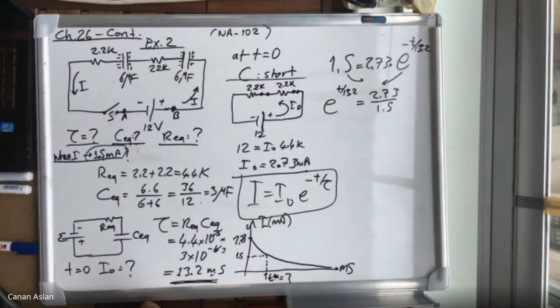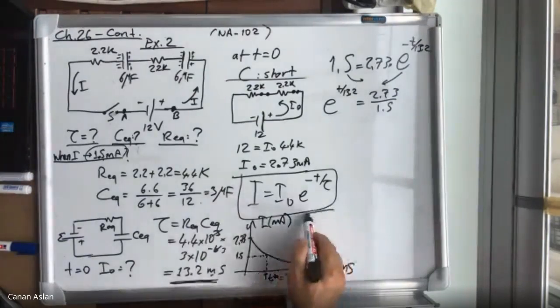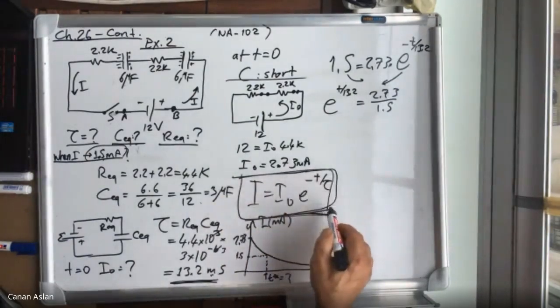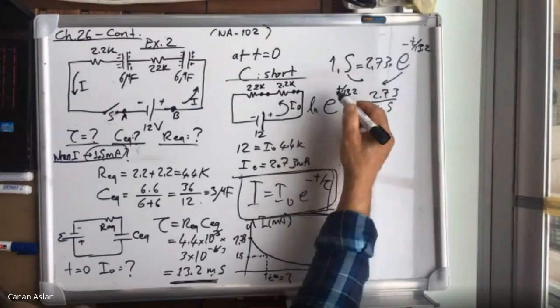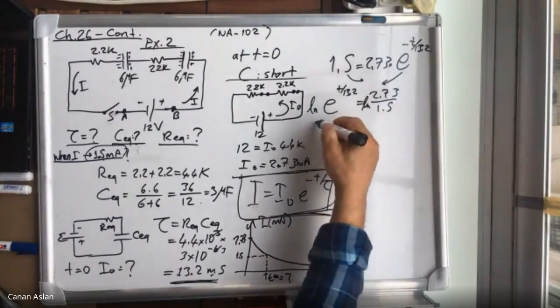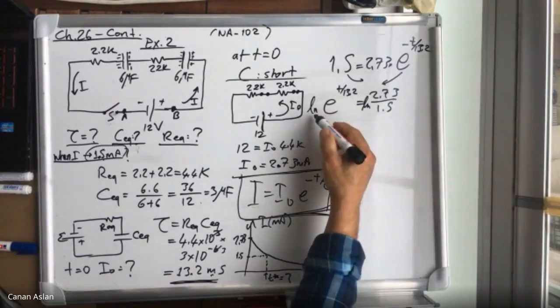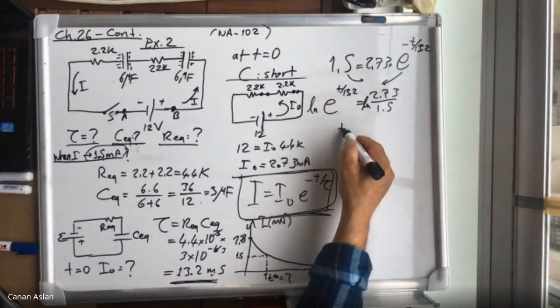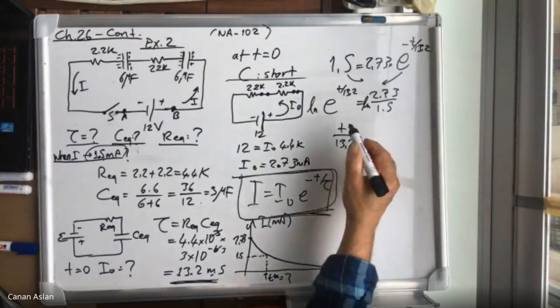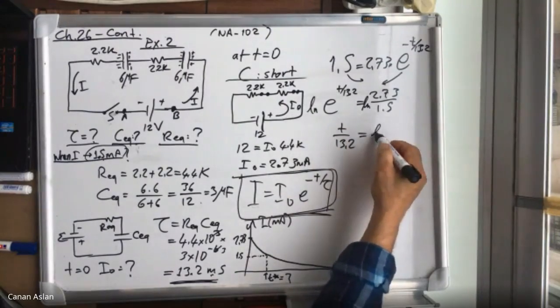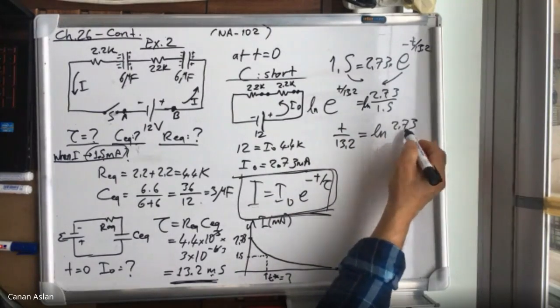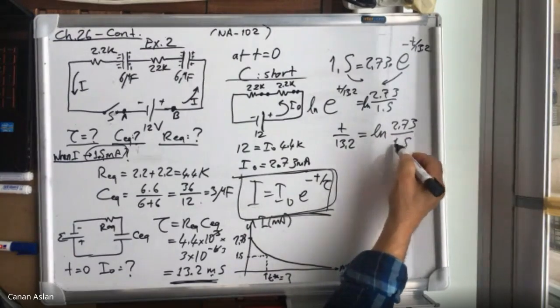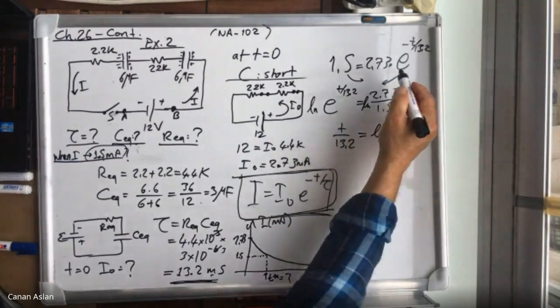Because of the properties of exponentials, you simply take the ln of both sides. ln e will give you 1, so you will have t over 13.2 on the left, and the right hand side will be just ln of 2.73 divided by 1.5. Actually this t is t star.